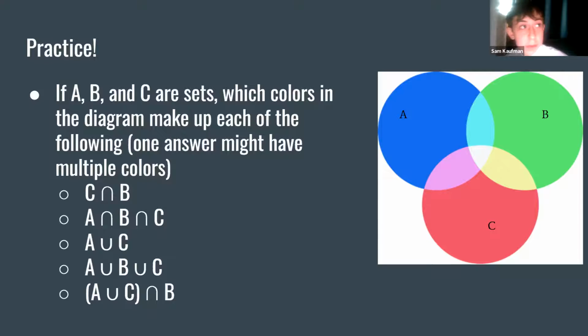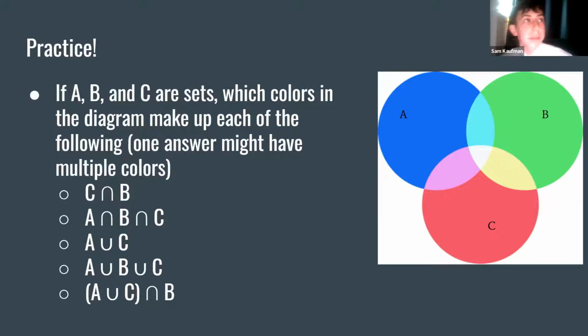How about that last one? The union of A and C intersection of B. Yeah, white, yellow, you could say it that way. Because you have the parentheses there, it's a little hard to read it in a way that isn't ambiguous.